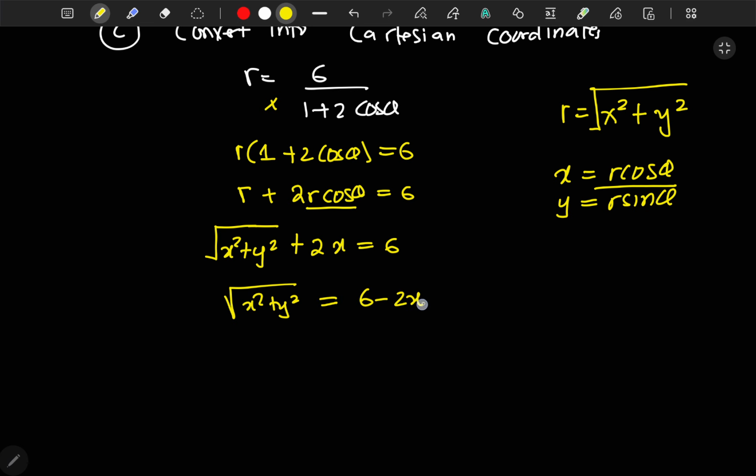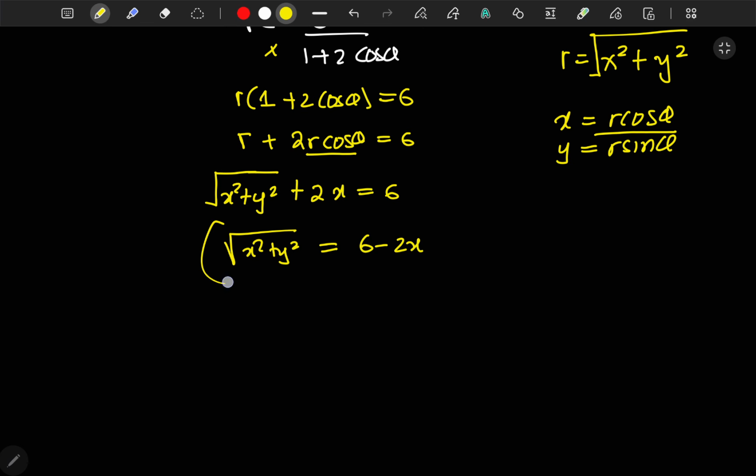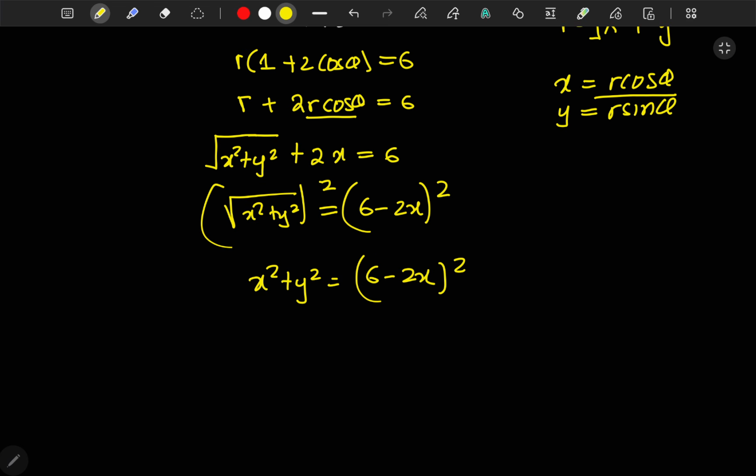So we get the square root of x squared plus y squared equal to 6 minus 2x. If I square both sides, I'll get x squared plus y squared equal to (6 minus 2x) squared. Expanding the other side: 36, 6 times 2 is 12, doubled gives negative 24x, and squaring negative 2x gives positive 4x squared.